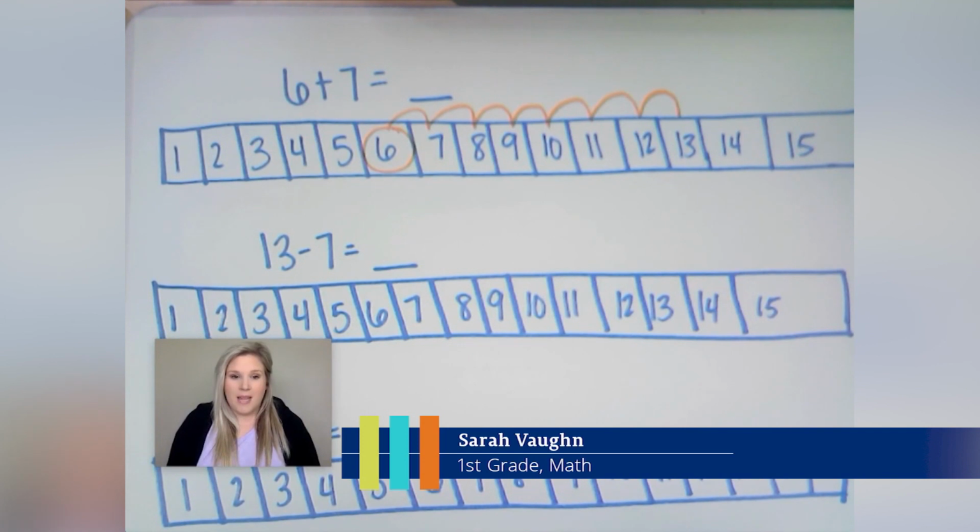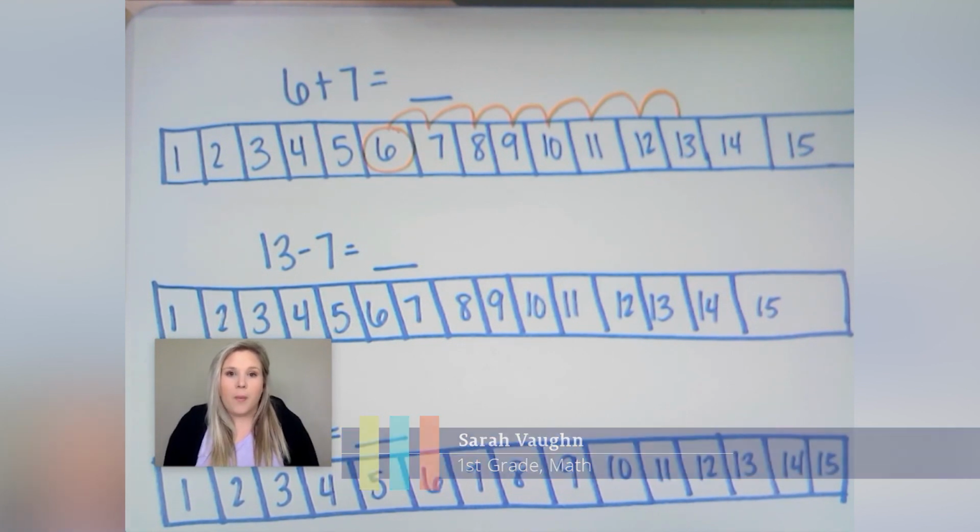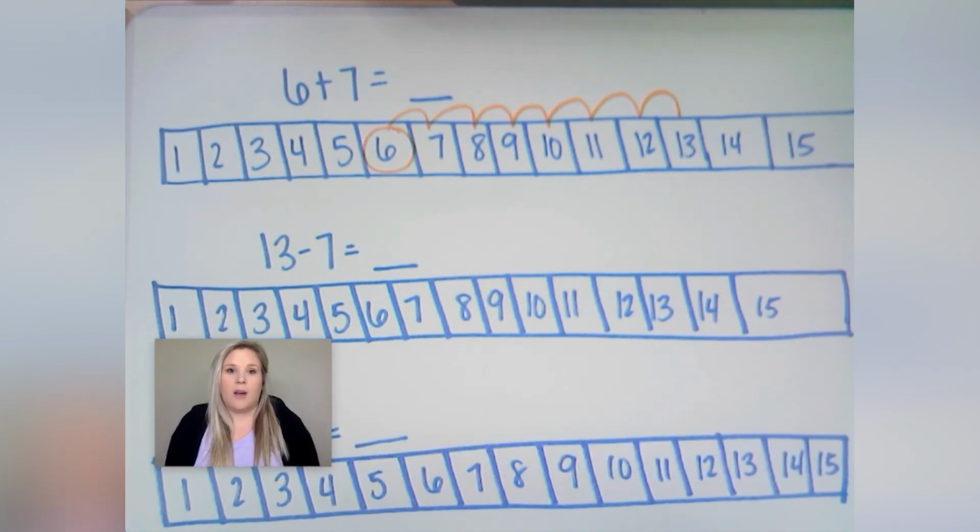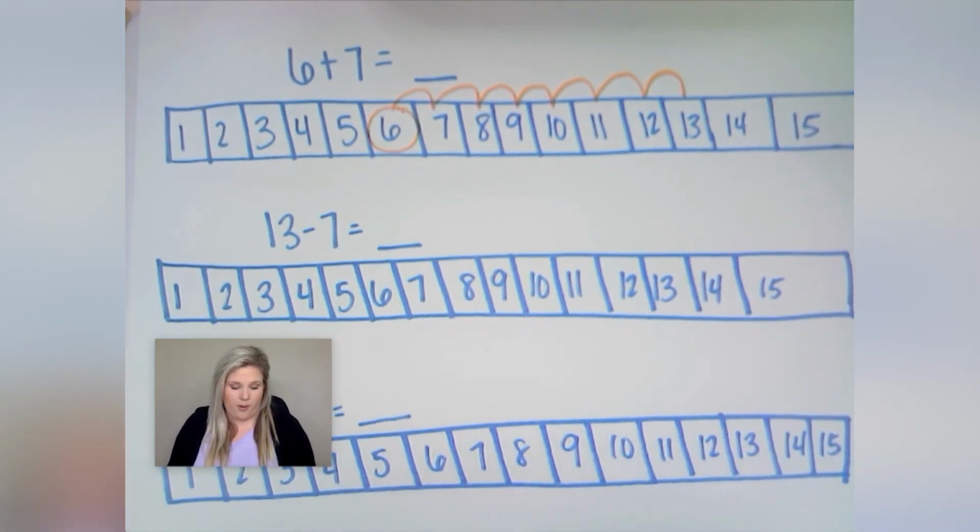You guys did an amazing job. I want you to stand up and I want you to jump up and down 13 times. Excellent. Now we are ready to do our second problem.